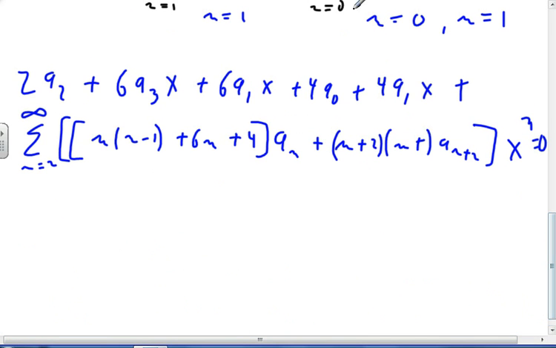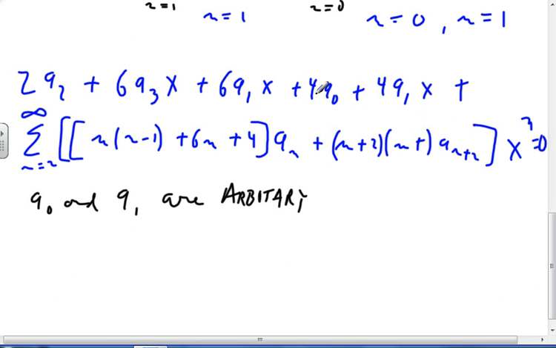Okay, it's a second order differential equation, so a0 and a1 are arbitrary, unless I know what they are, which I don't, so they're arbitrary.